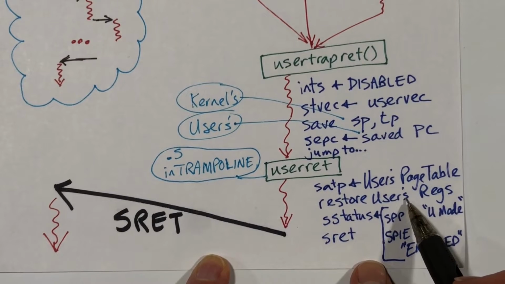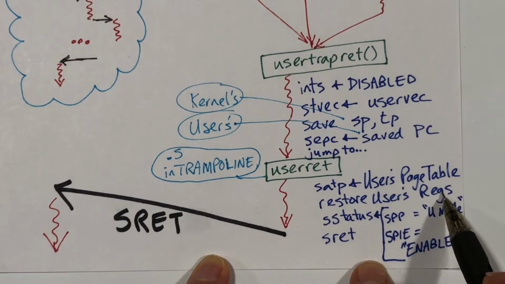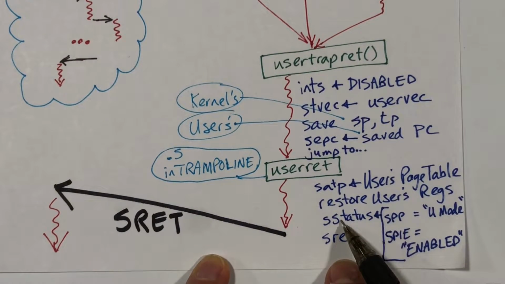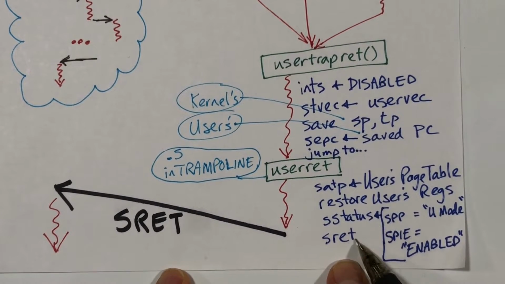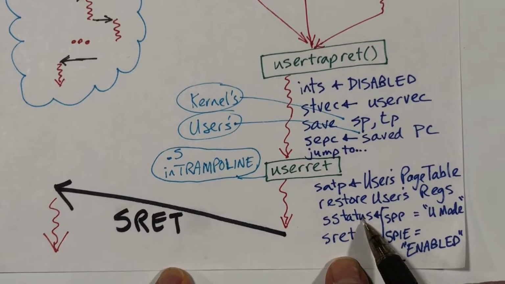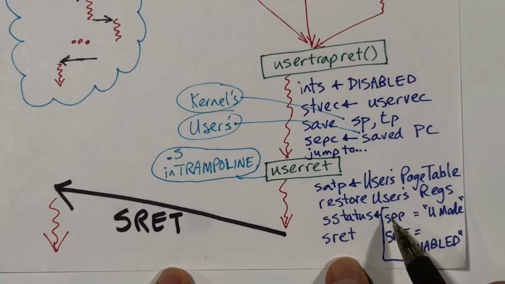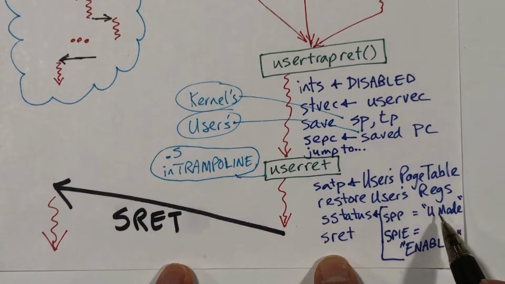And then finally, we restore the user's registers, and we also set a couple of bits in the status register. The SRET instruction will use the status register, and we set bits to tell the SRET instruction we want to go into user mode.